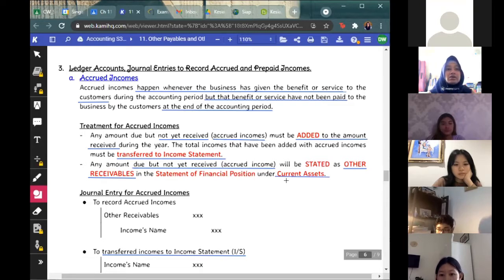Because accrued income means that we will receive amount of money in the future. Accrued incomes also representing amount owing to the business. Amount owing to the business is another definition of asset. That is why if you have any accrued incomes, it will state it as current asset. And the name is other receivables.